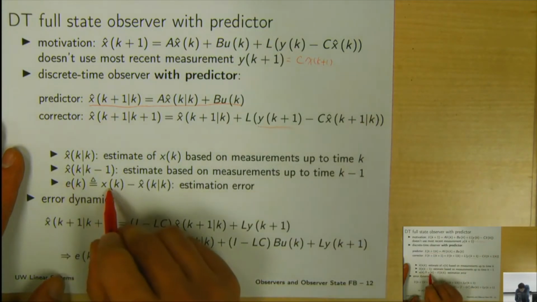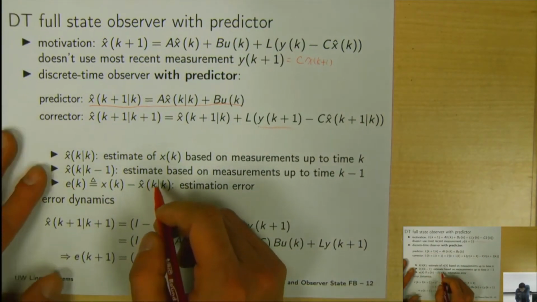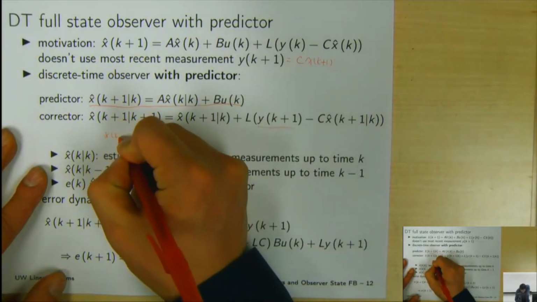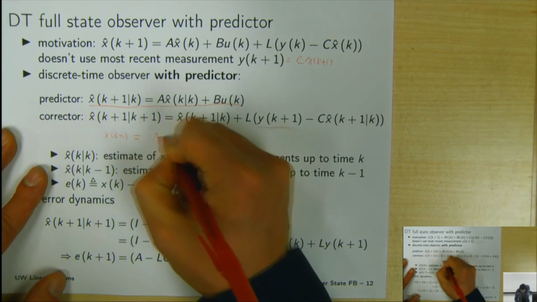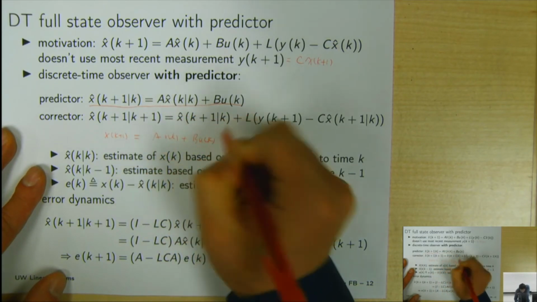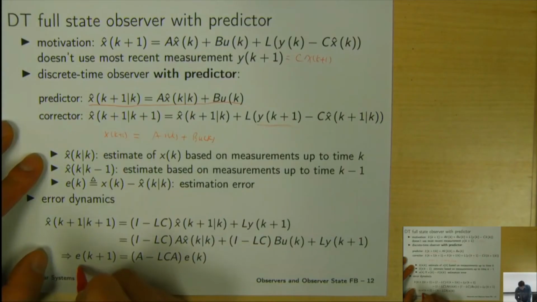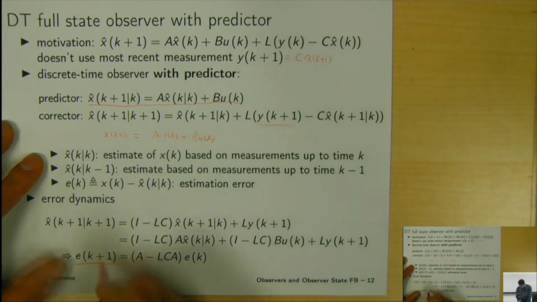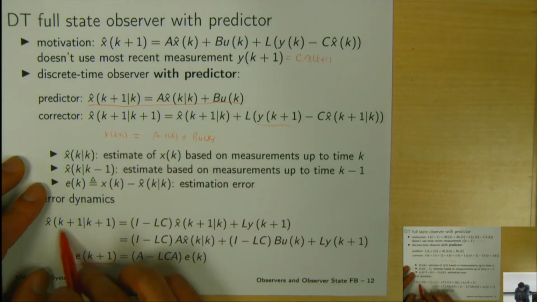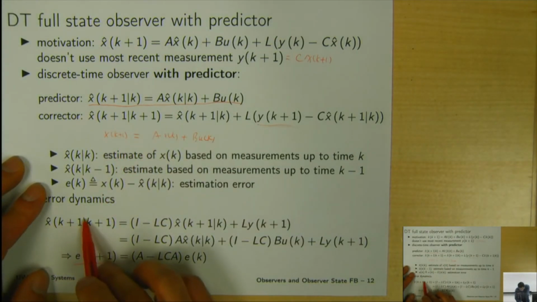Error is x minus x hat. Let's do the comparison. All right, so x looks like this. We want to analyze e k plus 1. We already have x k plus 1, so let's see how x hat k plus 1 given all the information up to k plus 1 will look.